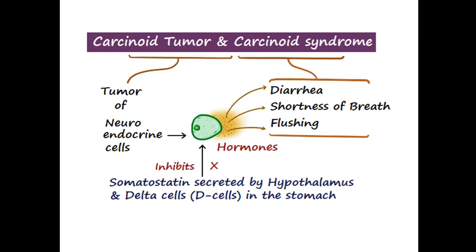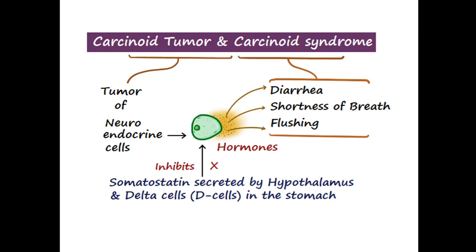The neuroendocrine cells are normally strictly regulated by the nerve impulses and other hormones. For example, somatostatin, which is a component of the growth hormone system, is secreted by the hypothalamus to suppress the secretion of growth hormone from the anterior pituitary.